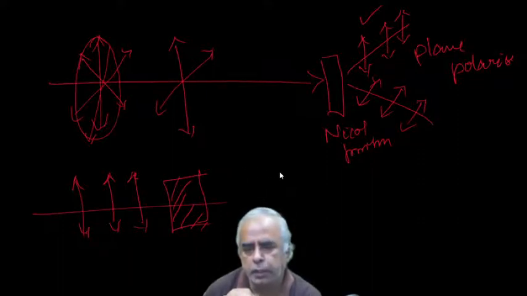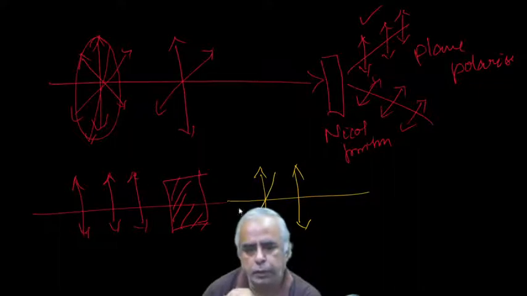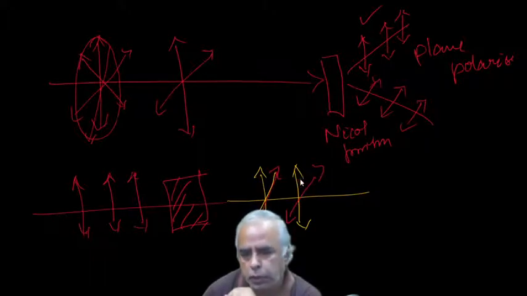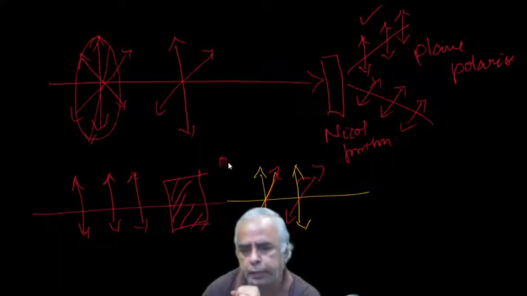We expect it normally to go this way, but instead it will rotate like this. So there is a dextro rotation, that is, right side rotation. So this is called optical activity.